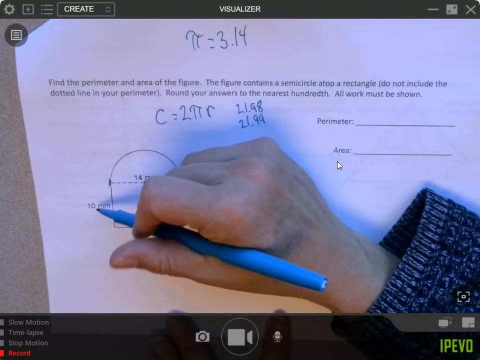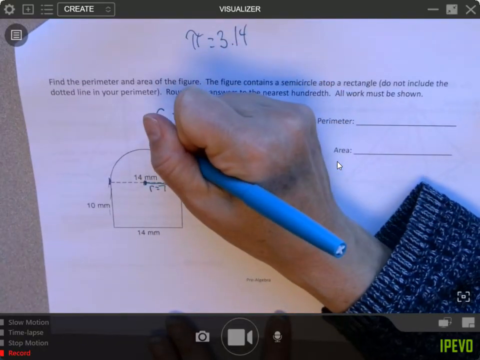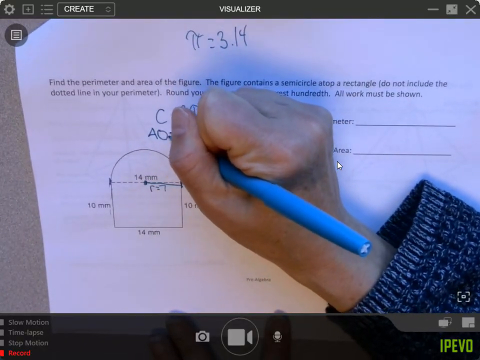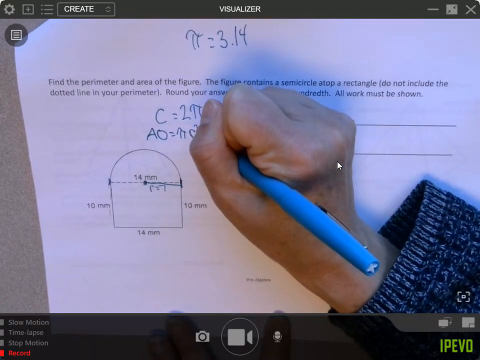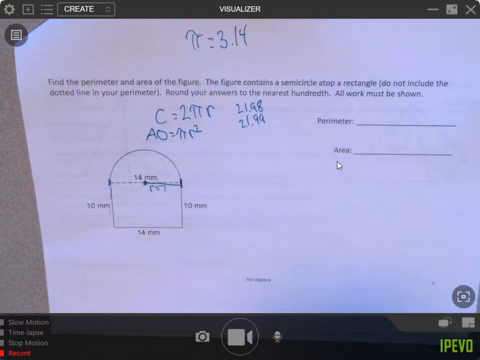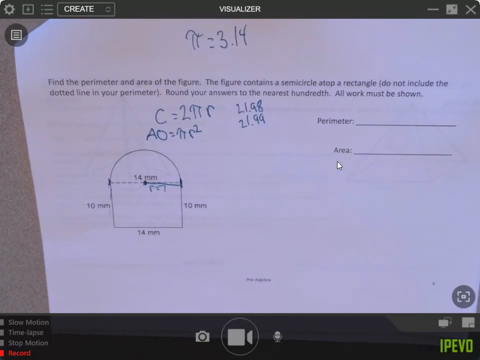Then we need to find the area of our rectangle and the area of the circle. To find the area of the circle, it is pi r squared. Remember, when we square a number, it is not that radius of 7 times 2. When it's squared, it means you're multiplying it by itself 2 times. So 7 times 7.